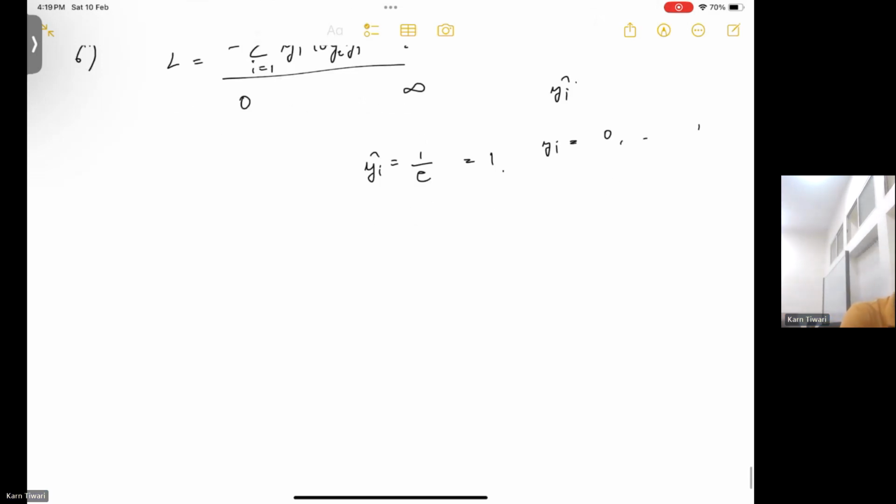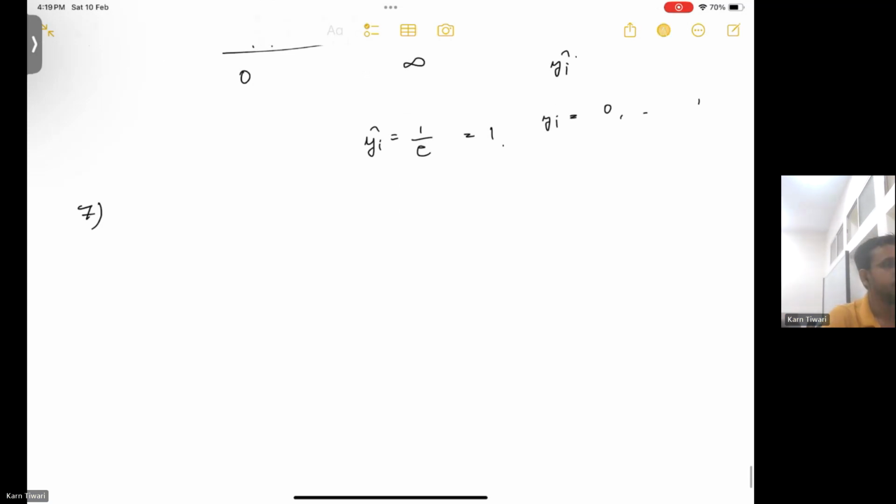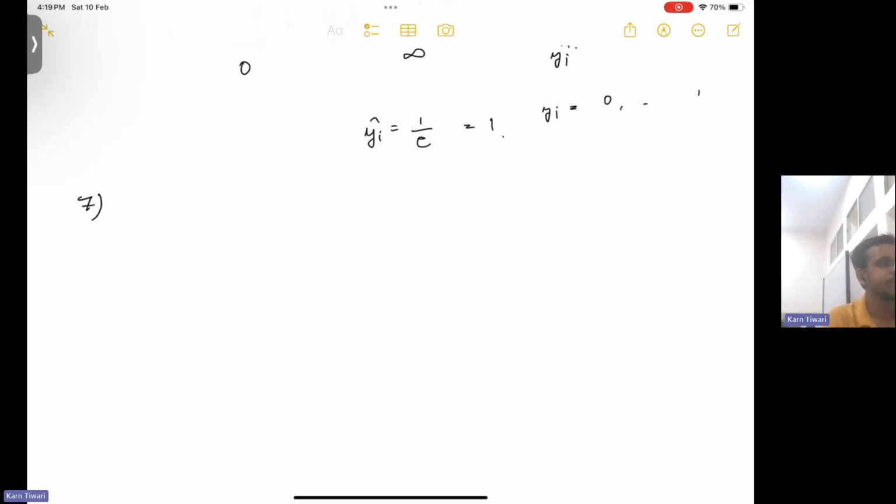The seventh question. The probability of all the events x1 till xn in a system is equal. So we have n classes, and suppose all the classes are equal. What can you say about the entropy of the system?